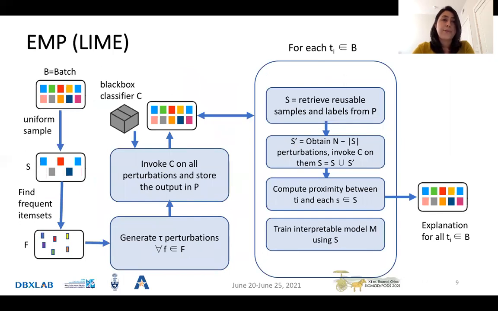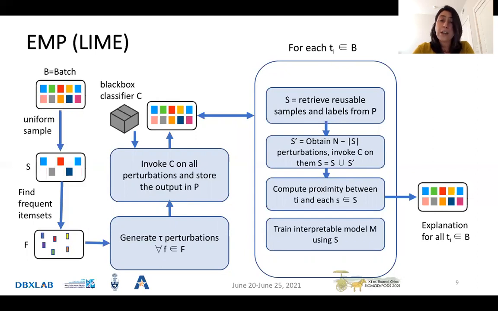data. To use our framework for Lime in a batch scenario, given a batch, we take a uniform sample of this batch, then find frequent item sets over it, generate a fixed set of perturbations for each item in the frequent item set, then invoke the black box classifier on these perturbations to label them, and store these samples and their labels in storage.